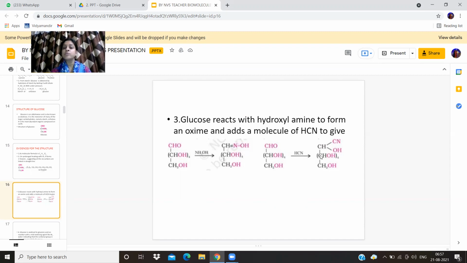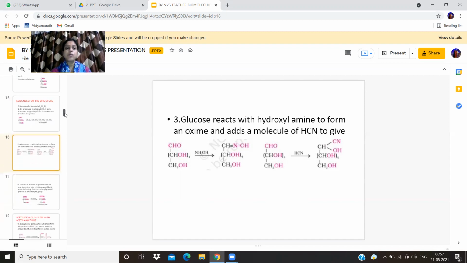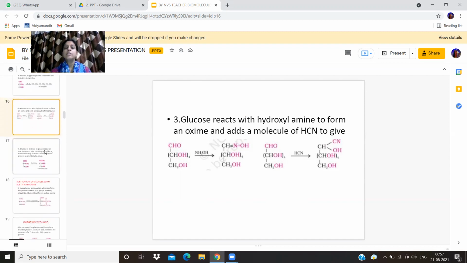Similarly, when it reacts with hydrogen cyanide, it gives the molecule cyanohydrin. So in this one, C double bond O पे जो था आपका CHOH आया, and CN is also attached with it. So again we can say that the CHO group is participating in the reaction and gives the product.